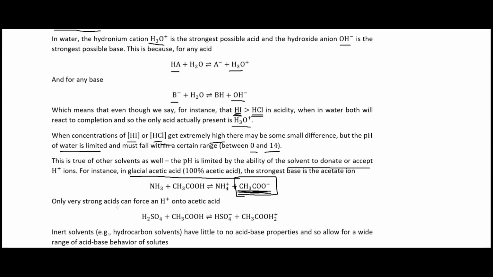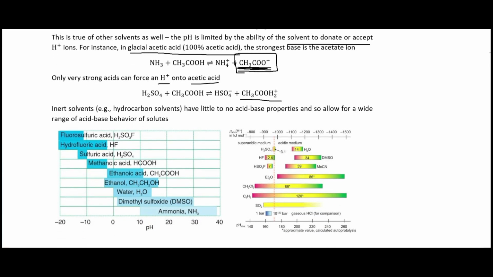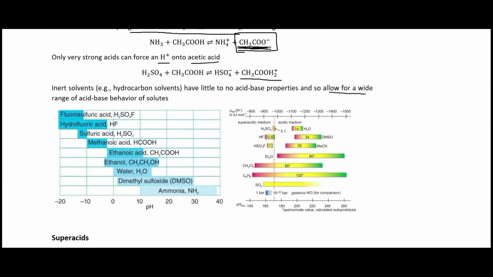So only a very strong acid could force H plus onto the acetic acid, where we end up with this right here. And so inert solvents, such as hydrocarbon solvents, have little to no acid-base properties for themselves, and so they allow for a very wide range of acid-base behavior of the solutes that you put into it.